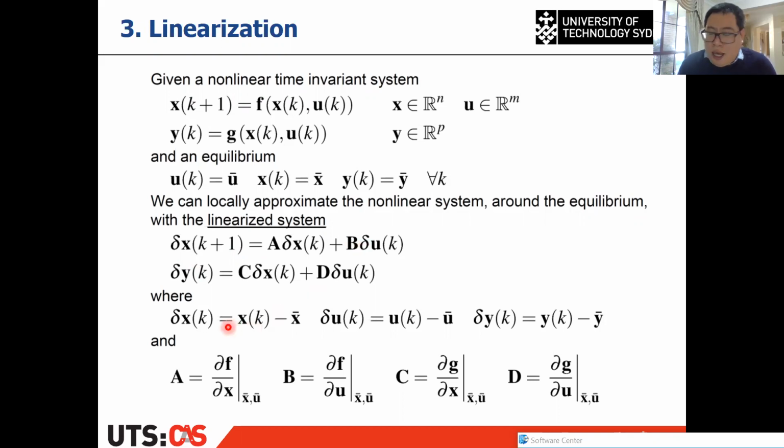For delta x, it is x minus the equilibrium point. For delta u, it is u minus the equilibrium point u. And for delta y, it is y minus the equilibrium point y. So that is the linearization.